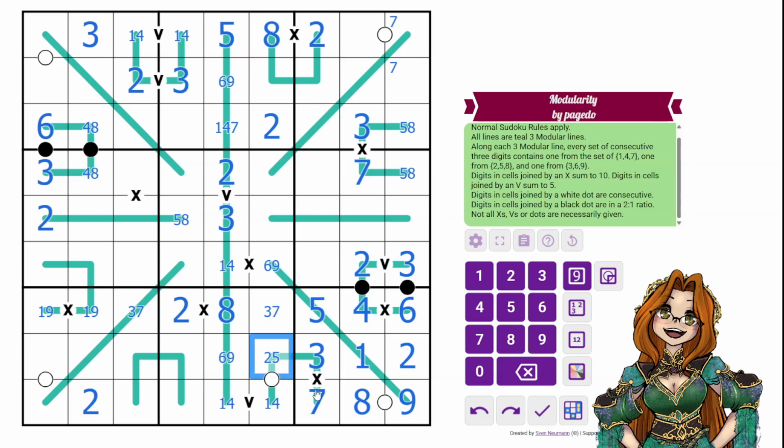This 2 actually sees this 2 5. That's something we just missed. 5 is consecutive with 4 plus 1 equal to 5. The 4 here plus 6 is equal to 10.